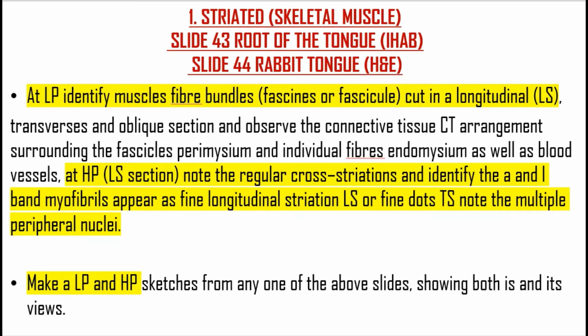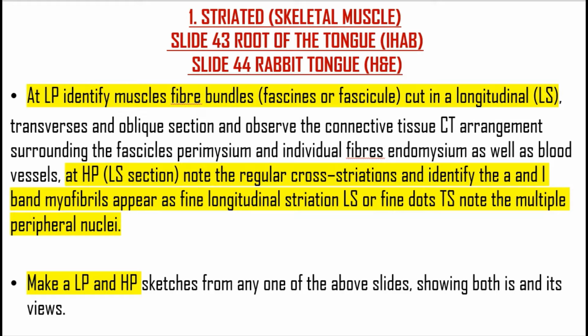We'll start with striated skeletal muscle, and we're going to use slide 43, which is the root of the tongue, to study it. At low power, you identify the muscle fibers, which are the fascicles, cut in longitudinal section.